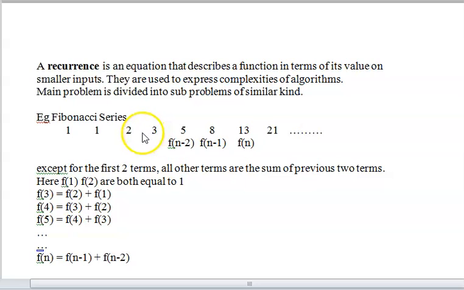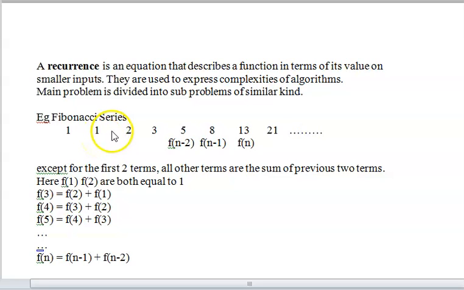In general, we can say that Fn can be obtained by adding Fn minus 1 and Fn minus 2. As I said earlier, this is not applicable for the first two terms. By default, the first two terms are 1 and 1.